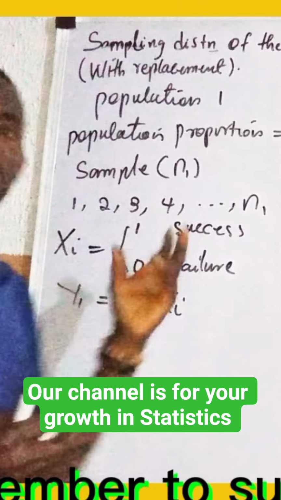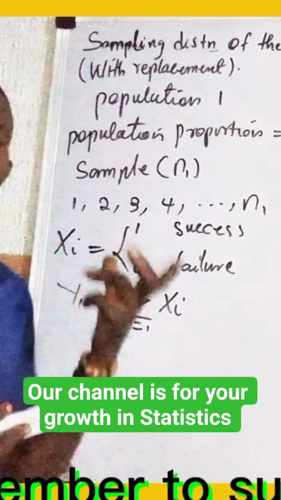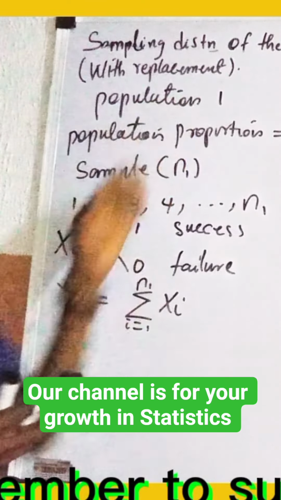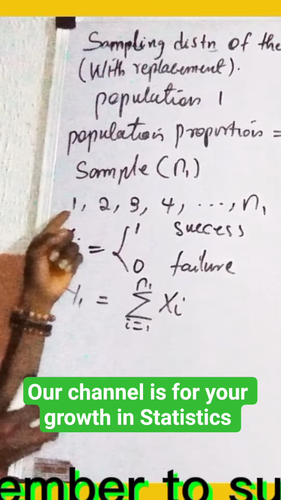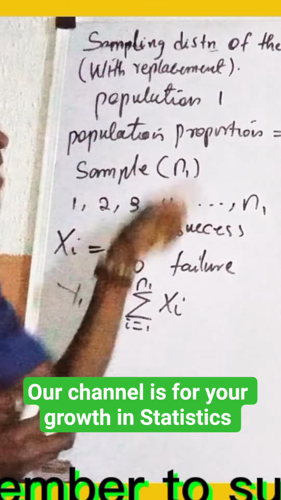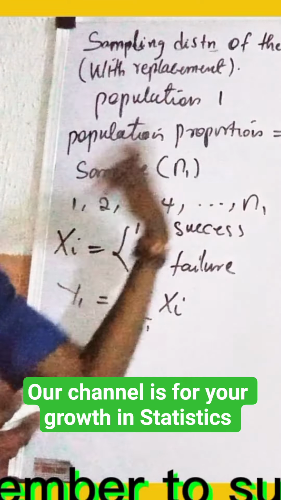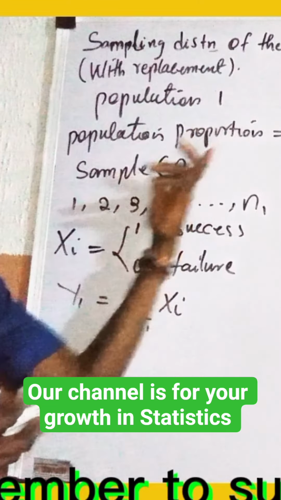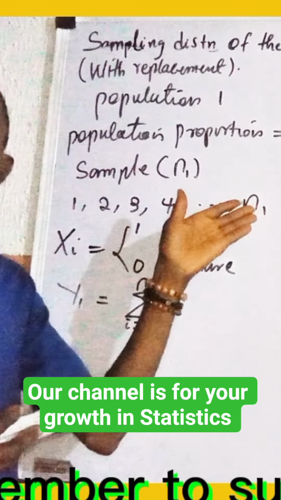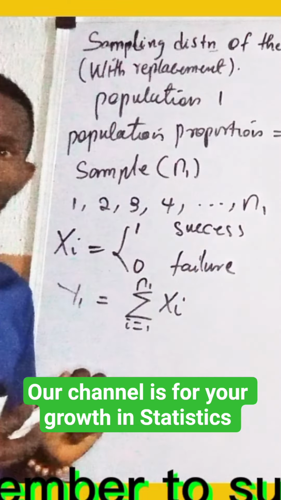Now, if sampling is with replacement, it means that if I come to this population 1 and I draw the first sample, say, and say 1, I must return this 1 to this population before I draw the next sample. And I continue in that order till I get all the elements up to my n1.